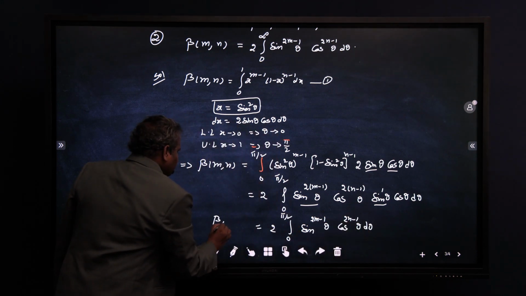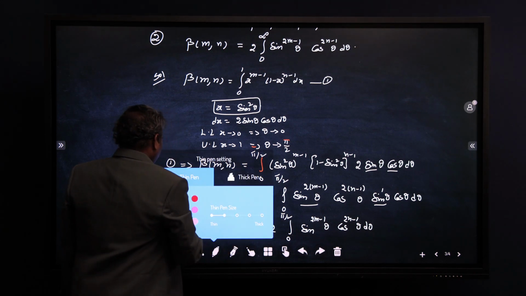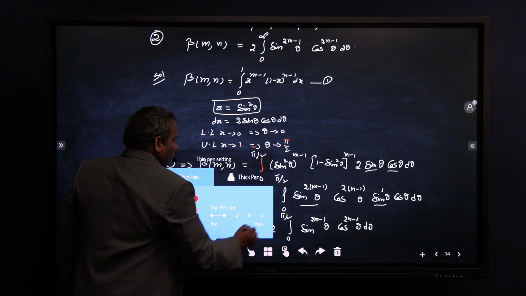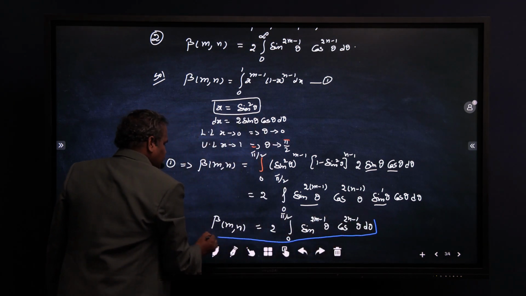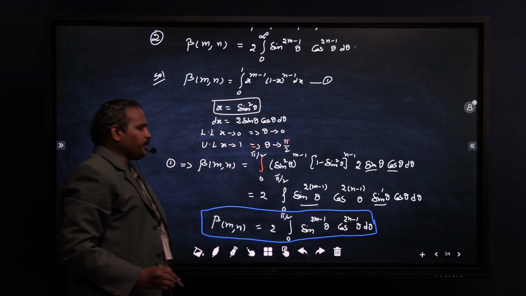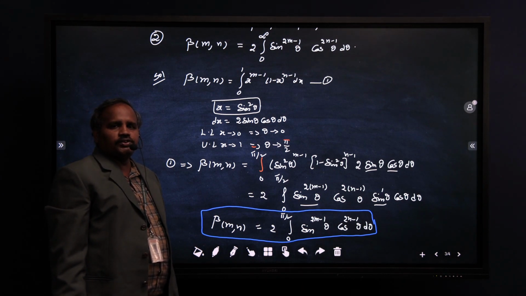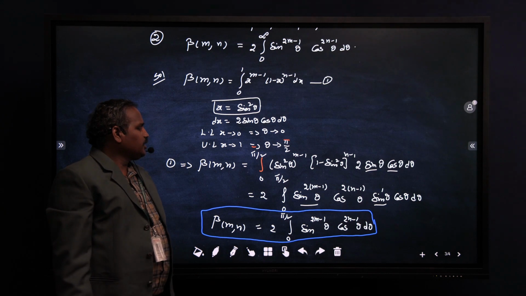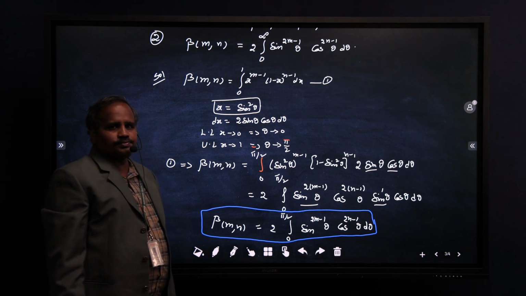The left hand side is what? Beta of m comma n. So beta of m comma n is equal to 2 into integral 0 to pi by 2 sine power 2m minus 1 theta cos power 2n minus 1 theta d theta. This is also one more standard result.